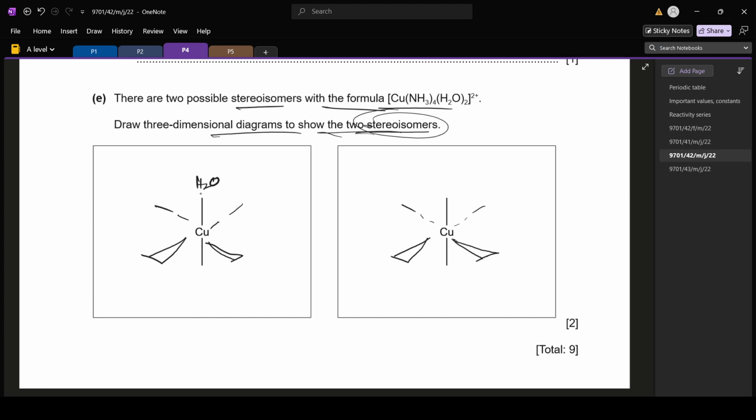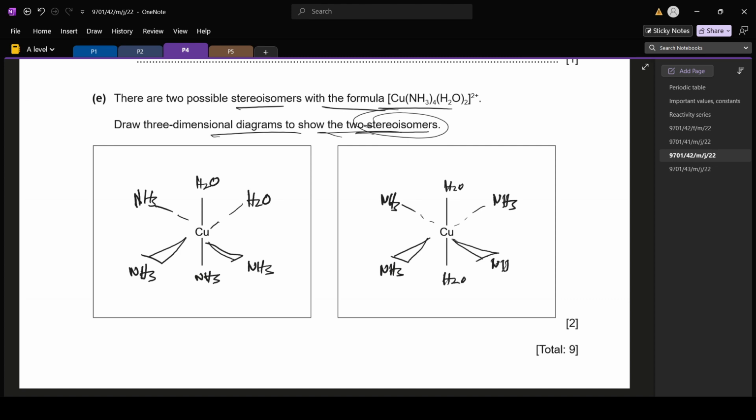So I'm going to draw the cis molecule first. So this is the cis molecule, and then we have the trans molecule, NH3.